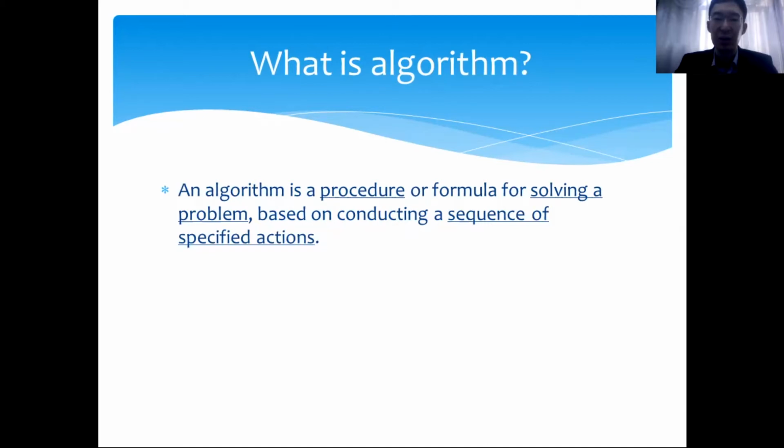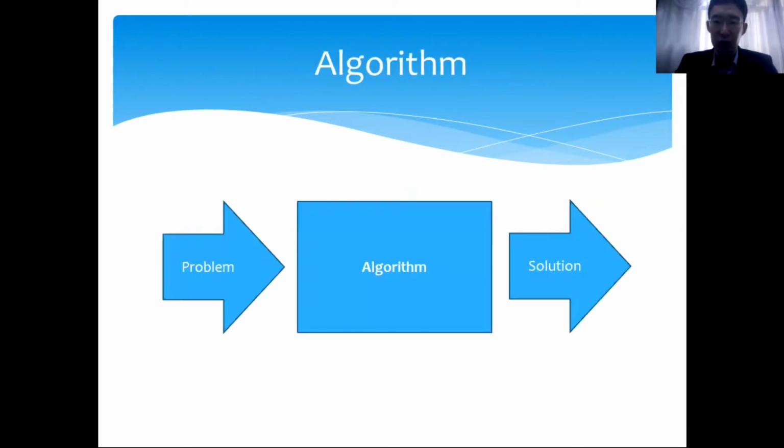Here I underlined the key words. So this is a procedure. It has different sequences. It solves a problem. Usually when we talk about algorithm, we draw a model, which is here. We have a problem, then we have a solution, and in between we have the algorithm.